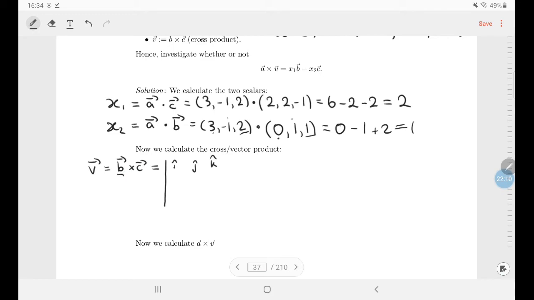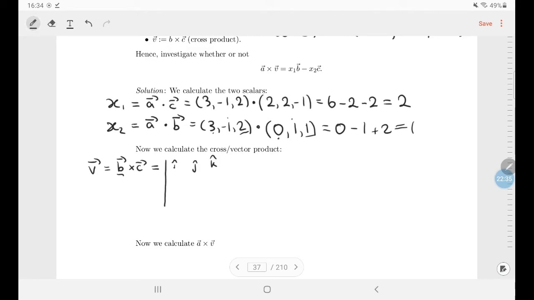If B is first, the order is important, B goes in row 2. If you mix up the order, you won't get B cross C, you'll get C cross B, which is minus B cross C, so you get the wrong thing. The components of B are 3, I'm just taking them from here, 3, minus 1, 2. And the components of C, that's wrong, isn't it?